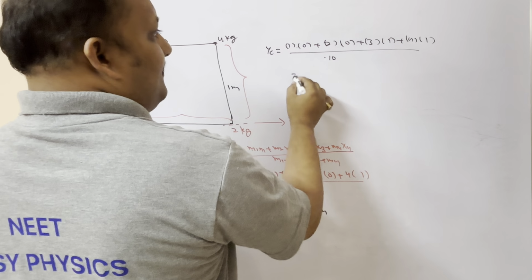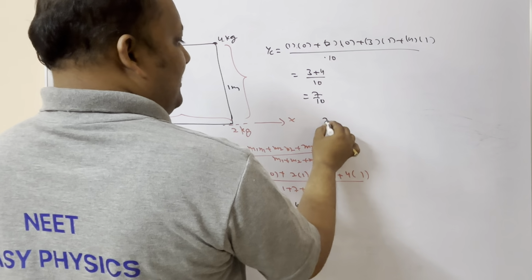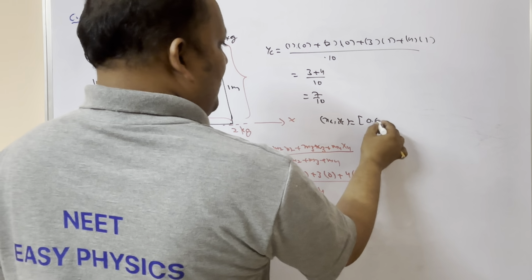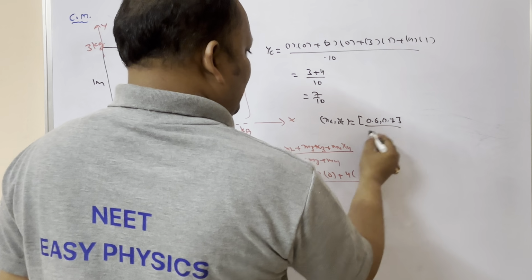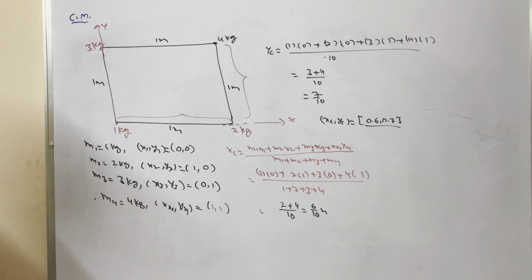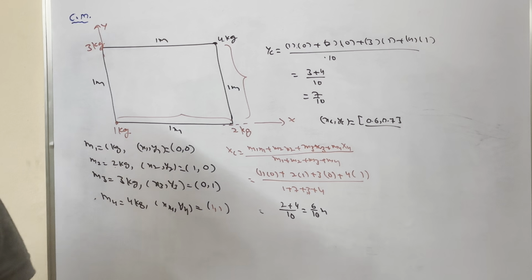So 0, 0, then 3 plus 4 by 10, that is nothing but 7 by 10. Therefore XC comma YC is going to be 0.6 comma 0.7, they may give, otherwise 6 by 10 comma 7 by 10 also they will give. So this is for 4 mass particles, whenever they are given at 4 corners.